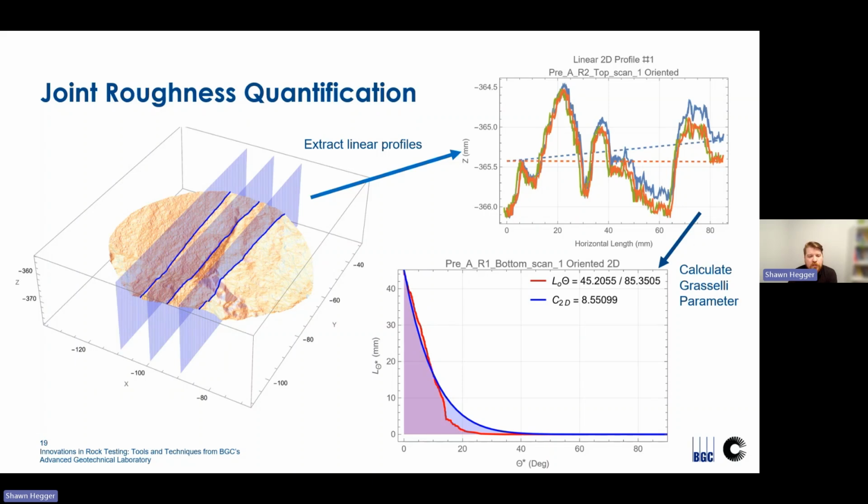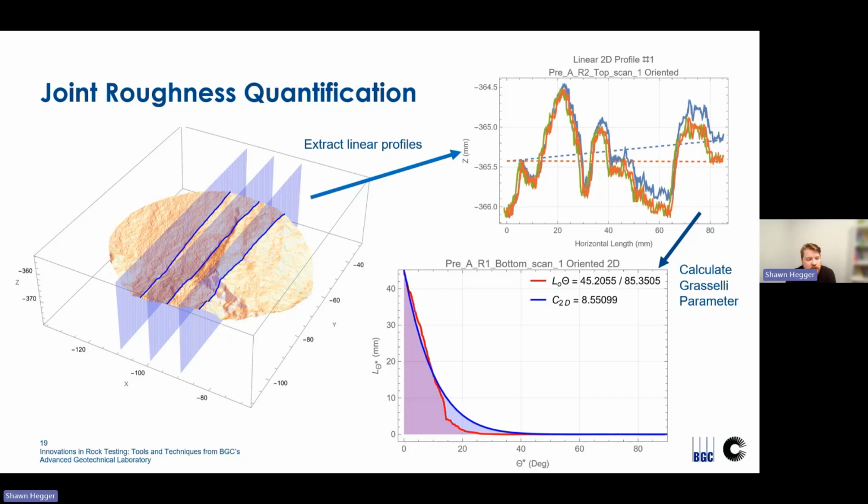This is an example of a preliminary workflow that Stuart has been using to quantify roughness. For this method, linear profiles are extracted from the point cloud and then fit to a horizontal line of best fit. And then this can be used to calculate roughness parameters such as the Grasselli roughness parameter. Scans can also be used to calculate 2D and 3D roughness RA values, which could be linked to measurements in televiewer scans via BGC's Structura program, which Eric Wilton is giving a presentation on in the next session, and I highly recommend watching that.